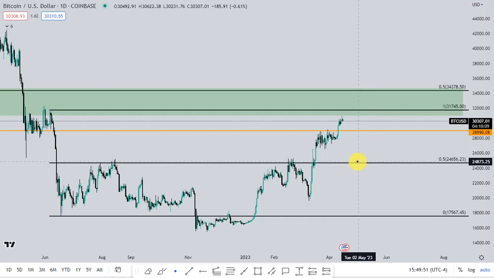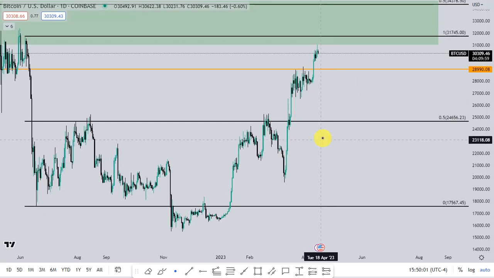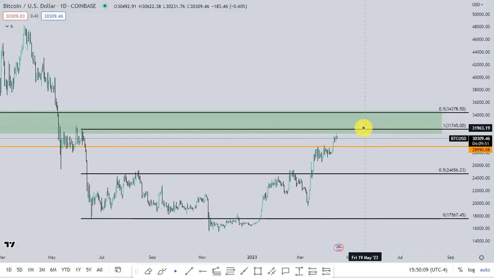And if this area doesn't hold, the price might go all the way back down to these lows, and probably if this time it goes below this low, I think it will go to the range low around here and possibly to this order block.